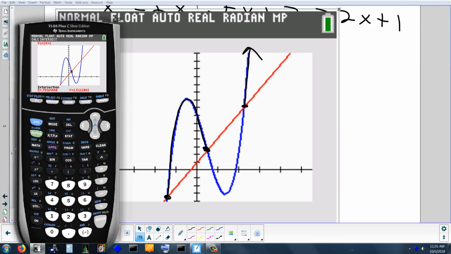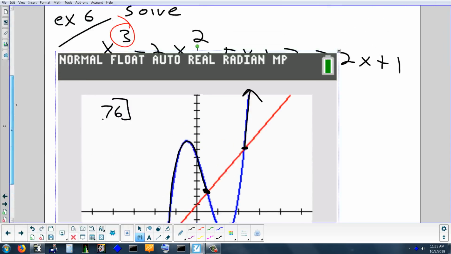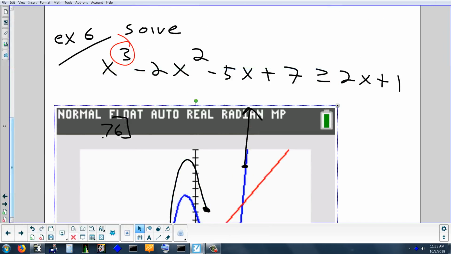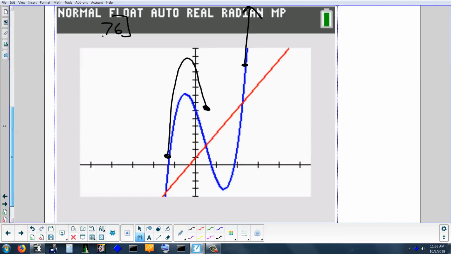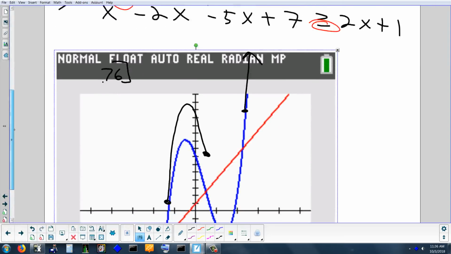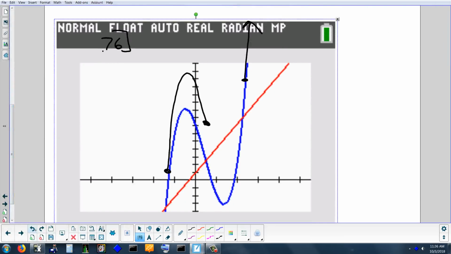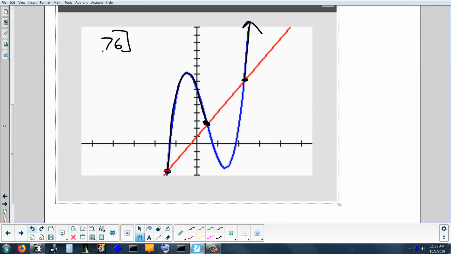So the answer is, I write it. Up to, and I can include 0.76 because I have that equal to. So up to 0.76. Does anybody have, let me move my graph back, does anybody have this one? Yeah. What's that one?